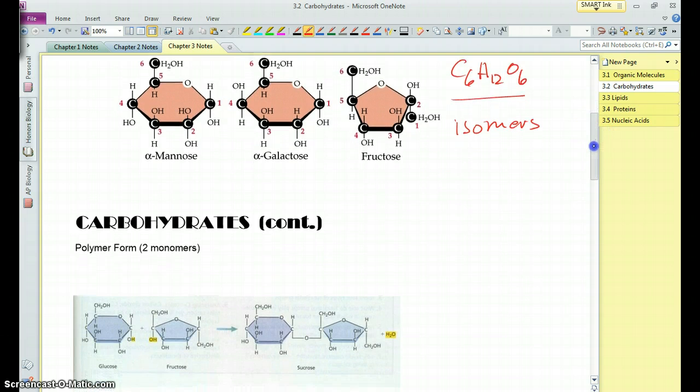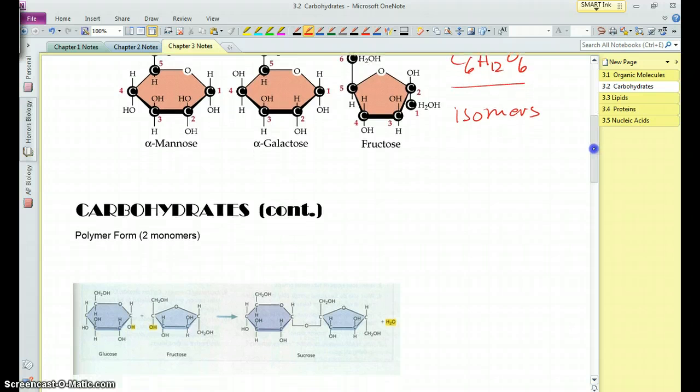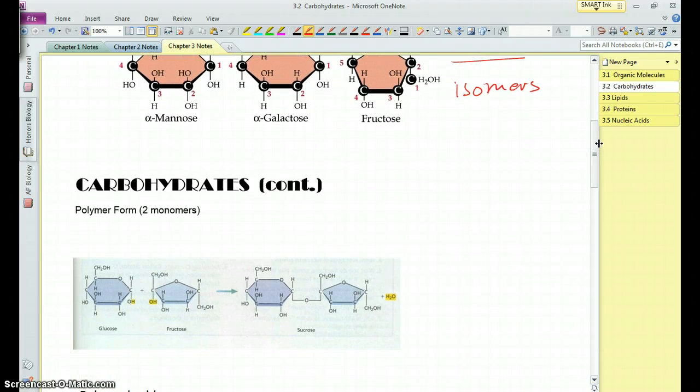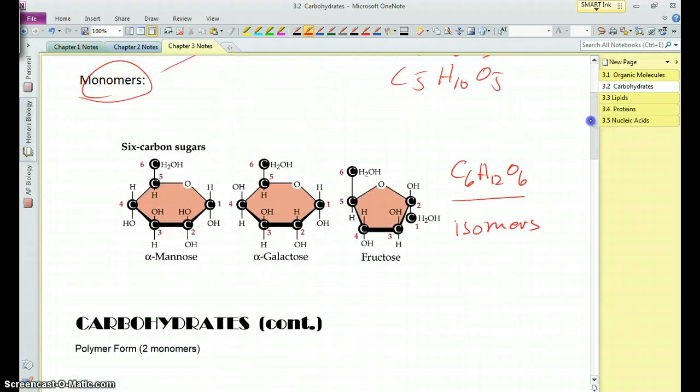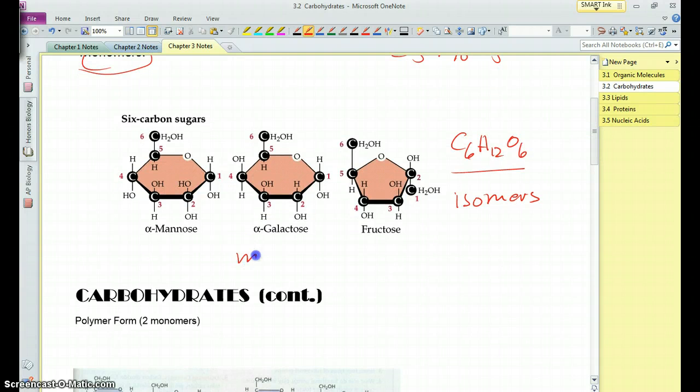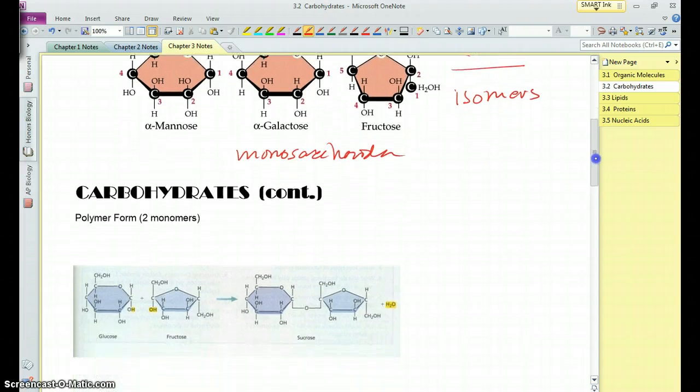Okay, so we can use a dehydration synthesis reaction to put a couple of these together. Oh, let's back up for a minute. So these sugar monomers, these are what are known as monosaccharides. Okay, so those are the monomers of sugars, monosaccharides.